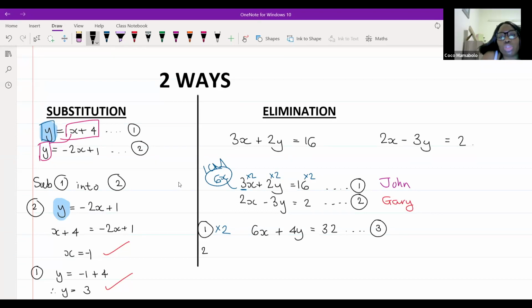Then I'm going to go to equation 2, aka Gary. If I want 6x over there, I'm going to multiply through by 3. So I must multiply by 3, multiply by 3, and multiply by 3. I'm then going to get 6x, negative 3y times 3 gives me minus 9y, is equal to 6.